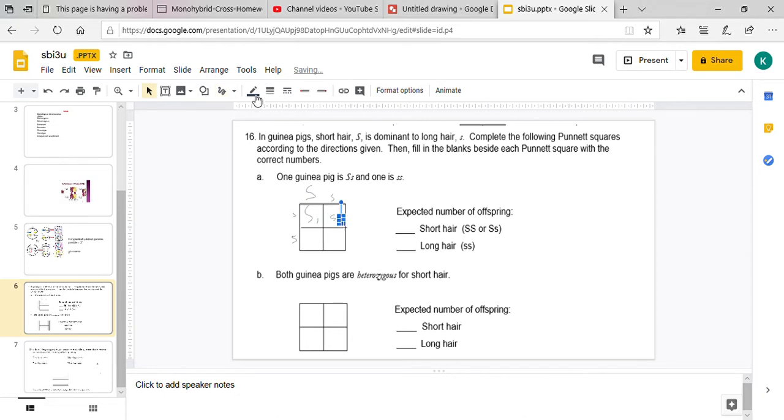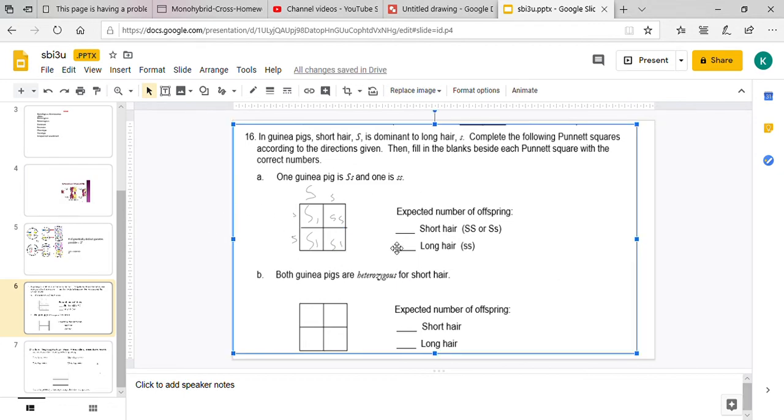Over here, we have an uppercase S and a lowercase s. In the last one, we have two lowercase s's. Now that the Punnett square is complete, we can analyze it to answer these questions.